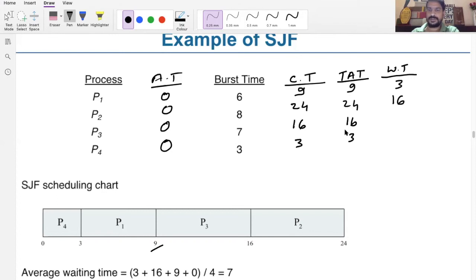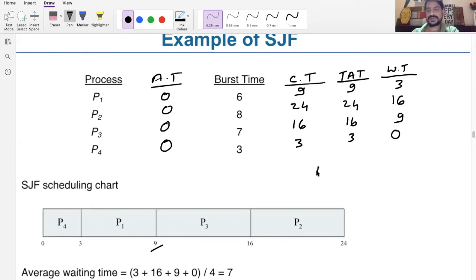For process 3, it will be 16 minus 7, which is 9. And for P4, because we chose it at the very first at time 0, the waiting time is 0, 3 minus 3.